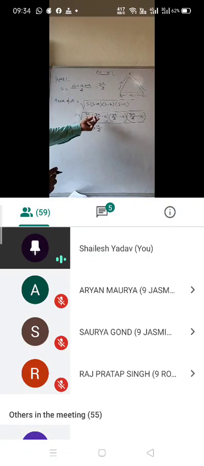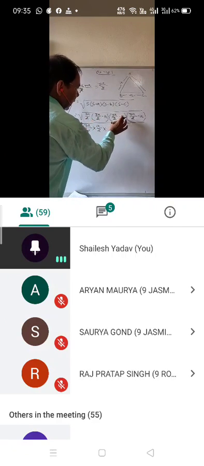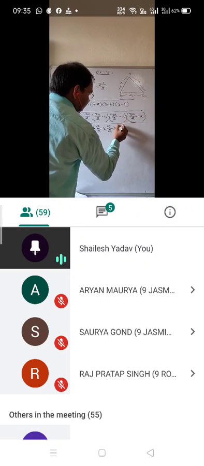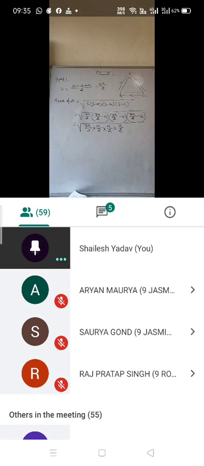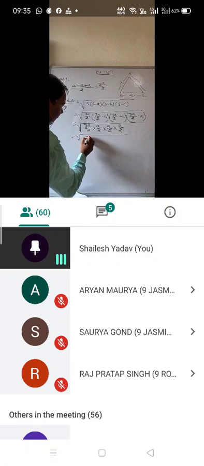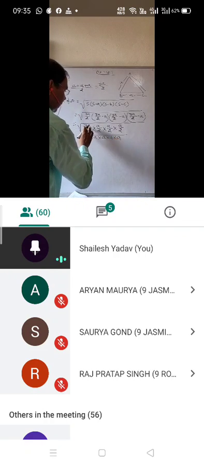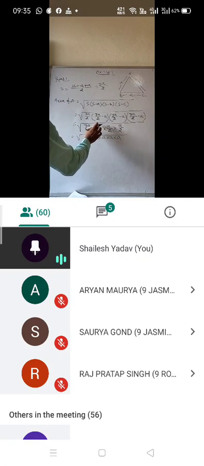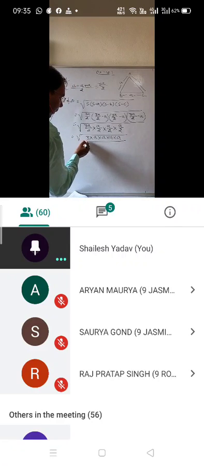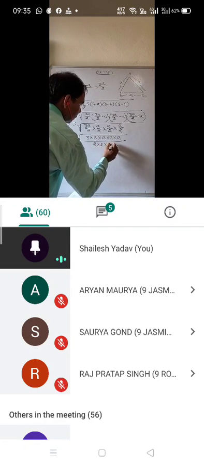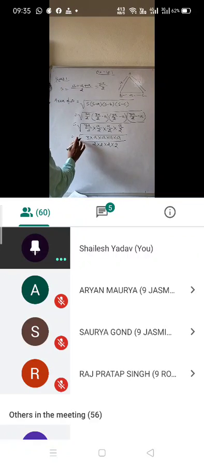So the subtraction 3a by 2 minus a is a by 2, and in the same way for the others. Now in the numerator you will write 3 into a into a into a into a, numerator multiplied by numerator, upon 2 into 2 into 2 into 2.